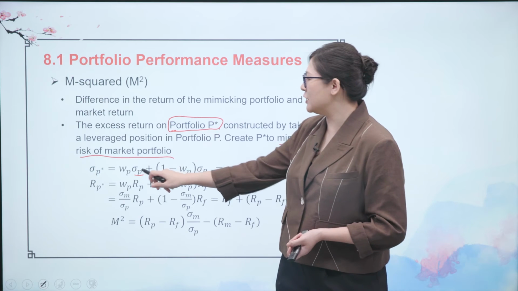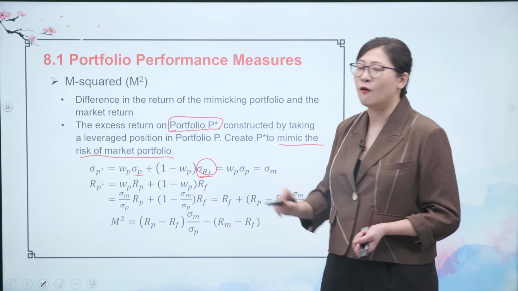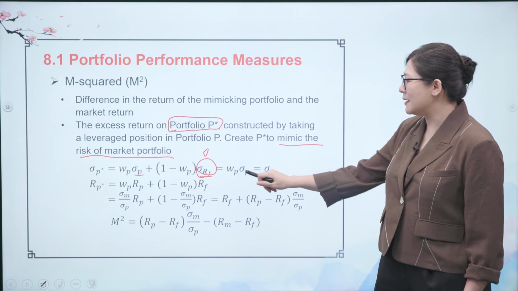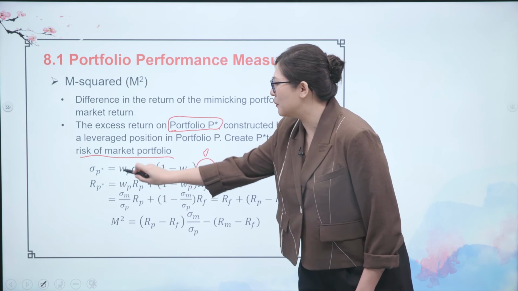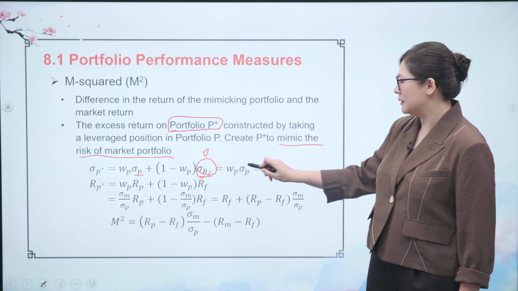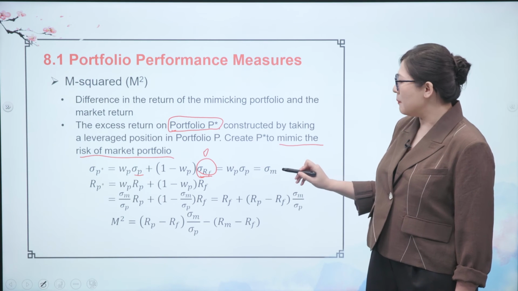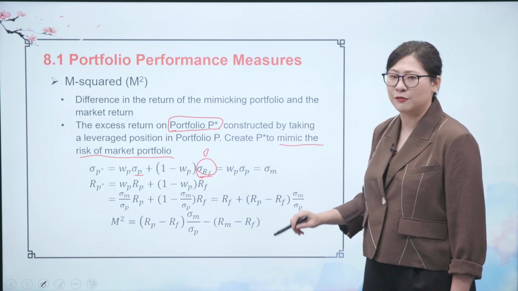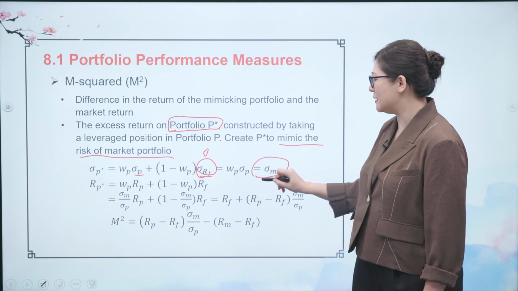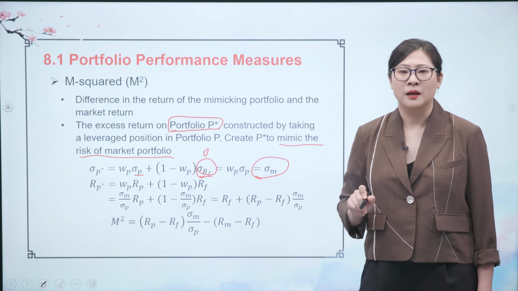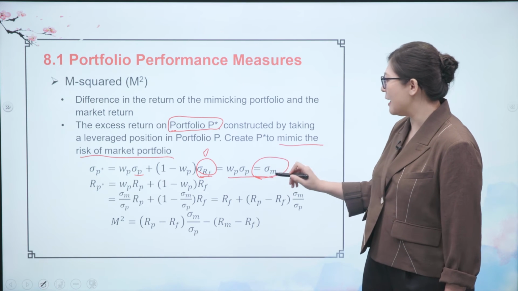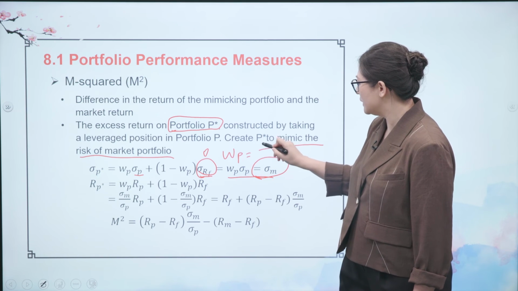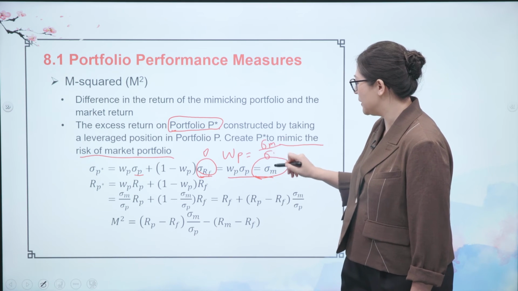We know the risk for risk-free assets should equal 0. And the only part left is WP multiplied by sigma P. And we make this portfolio P star mimic the risk of the market portfolio, so we make it equal to sigma m. Based on this, we can derive that WP equals sigma m over sigma p.